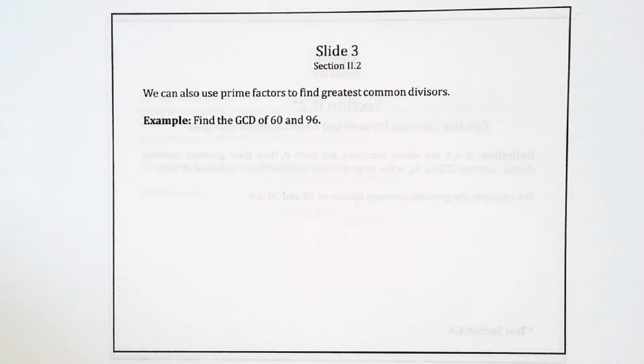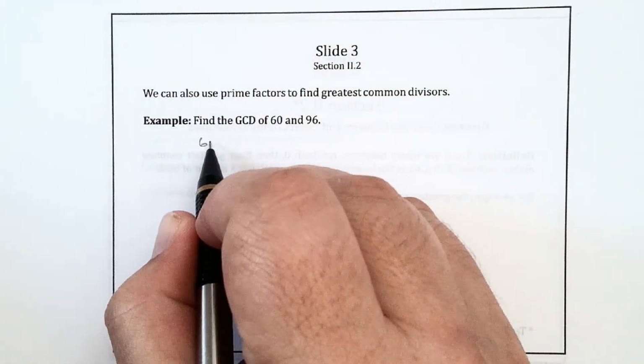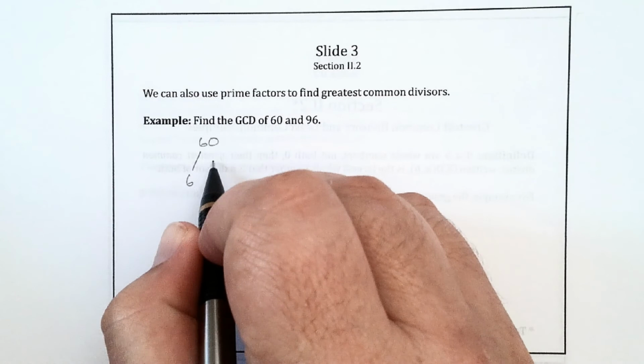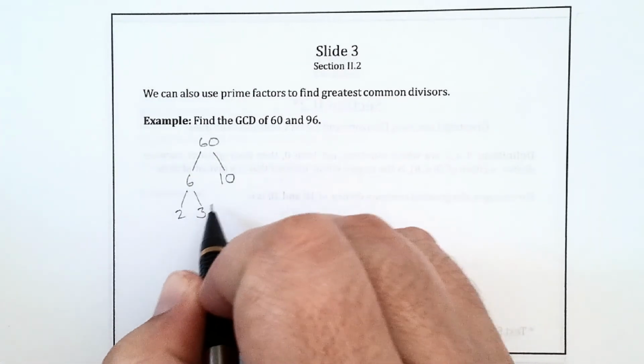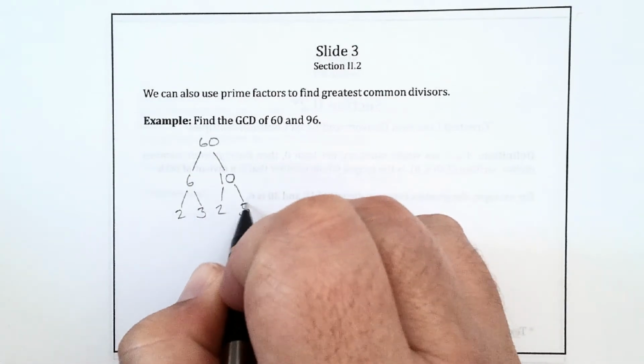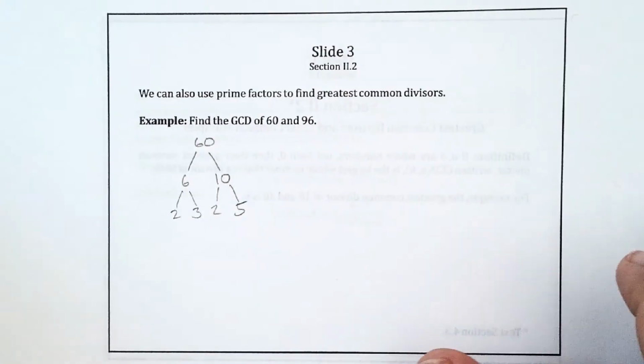Let's try to do this for 60 and 96. Okay, 60 is 6 times 10. 6 is 2 times 3. 10 is 2 times 5. Okay, 2, 3, and 5 are all prime.